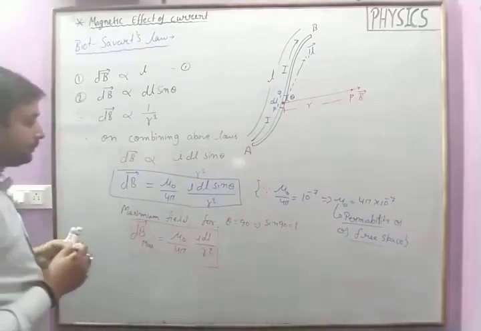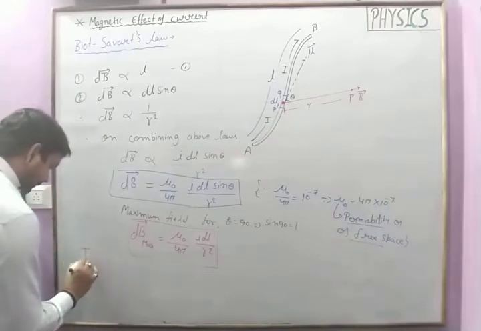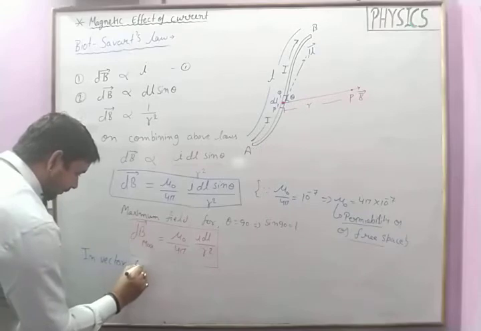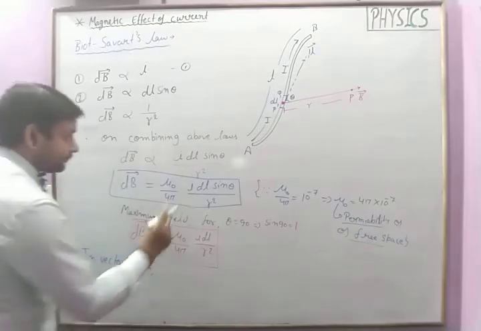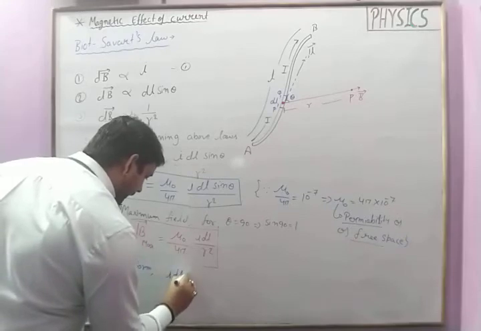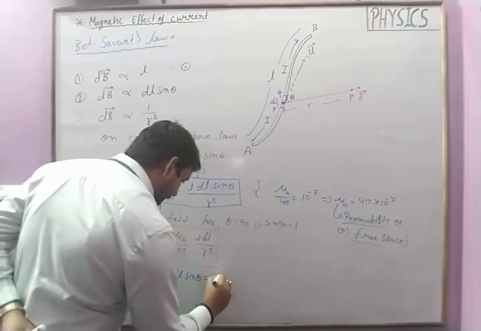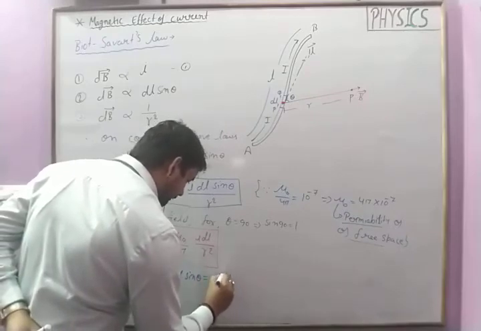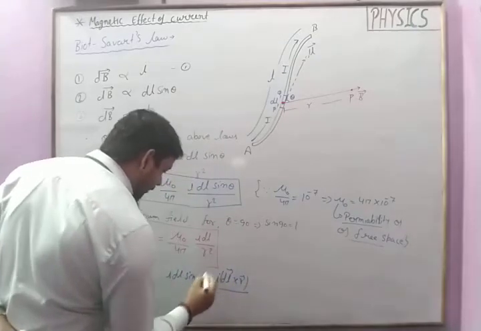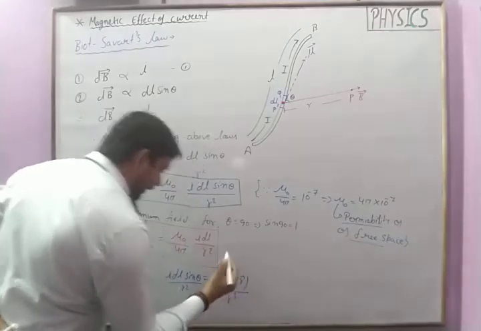Okay, now in vector form, I dl sin theta is equal to I dl cross vector r upon, in place of this we can write r cube.